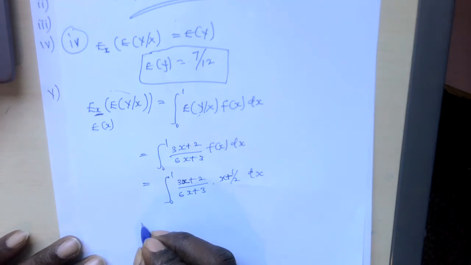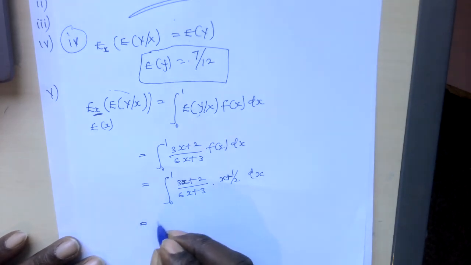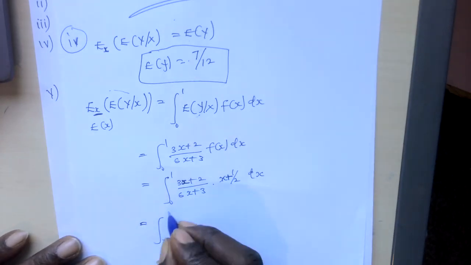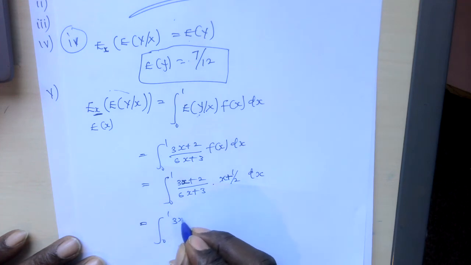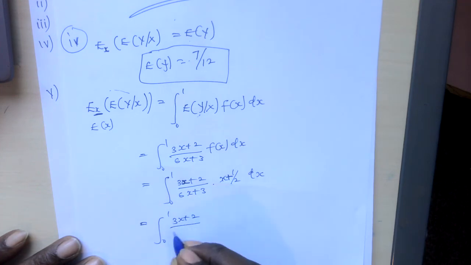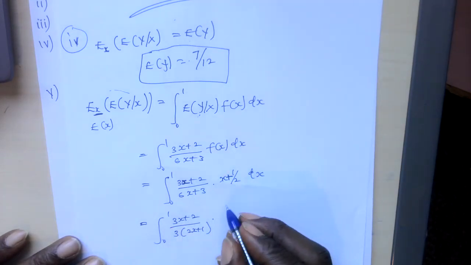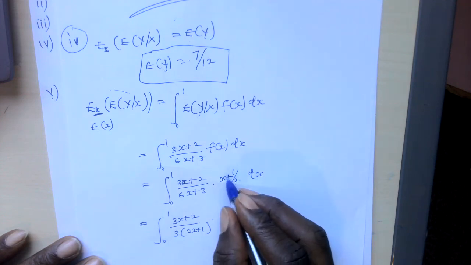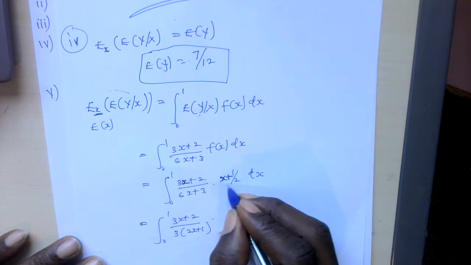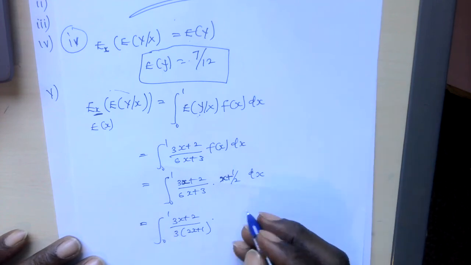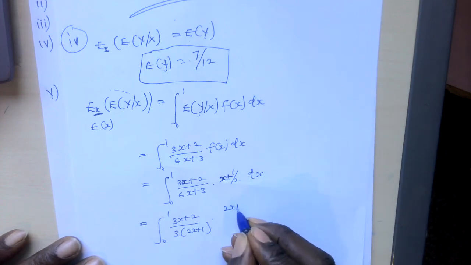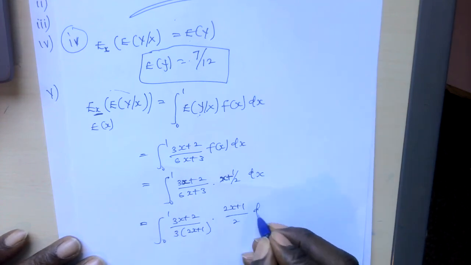So here we have the integral of 3x plus 2 all over 3 times (2x plus 1) if you factorize the common terms. So add this together, x over 1 plus 1 over 2, and we get 2x plus 1 over 2 dx.